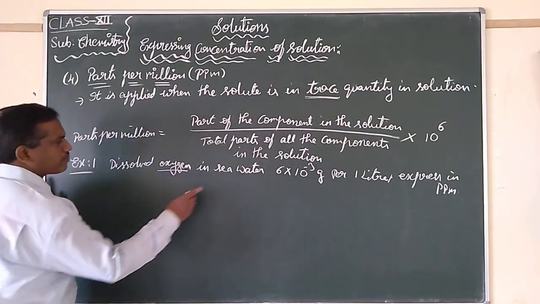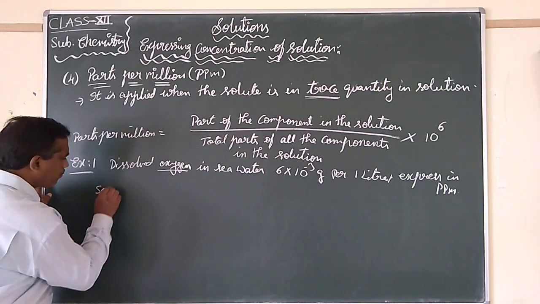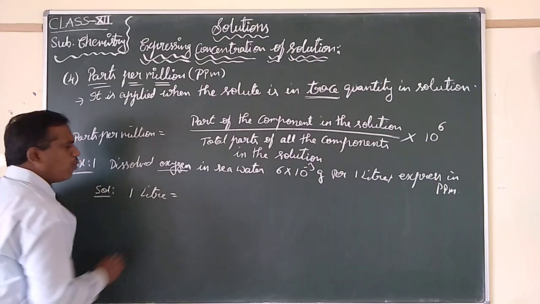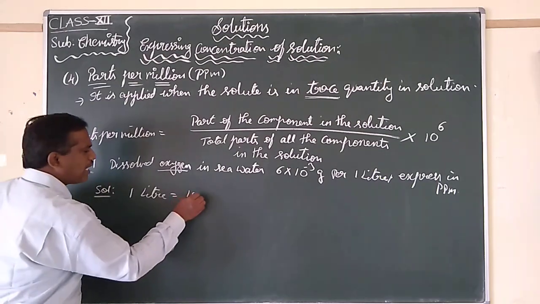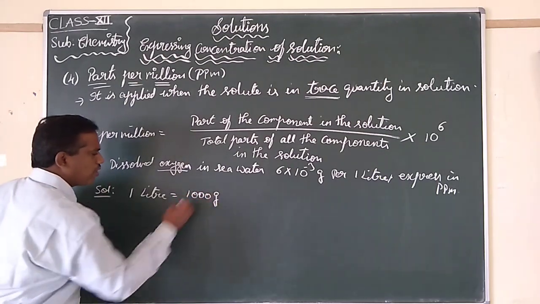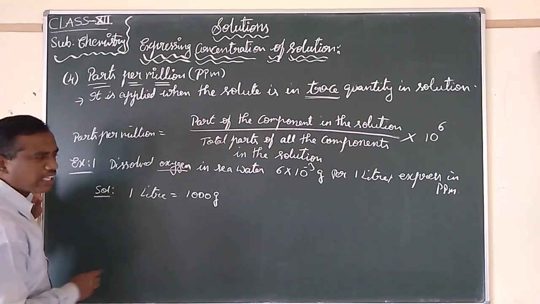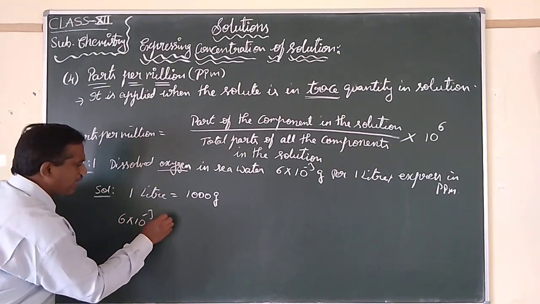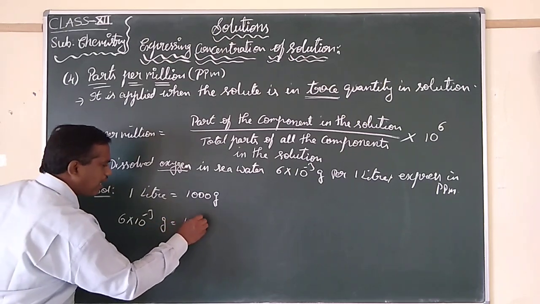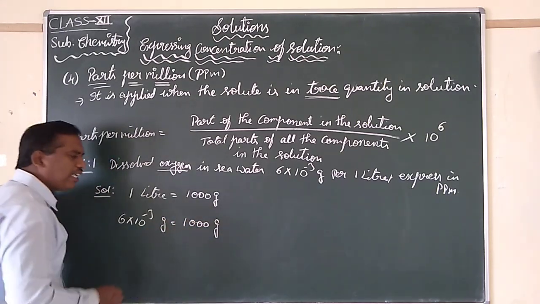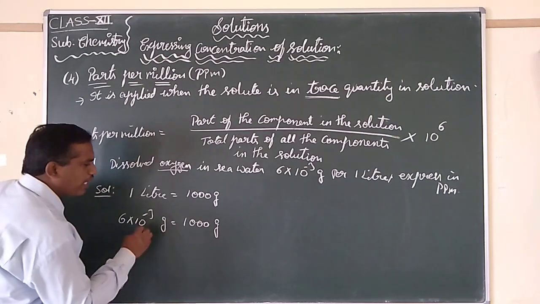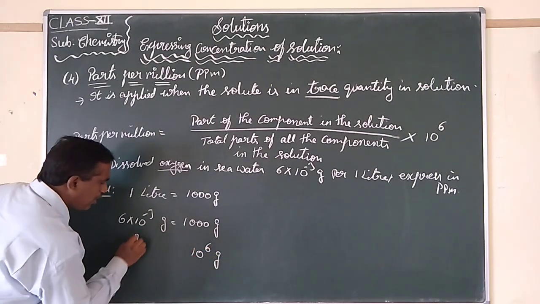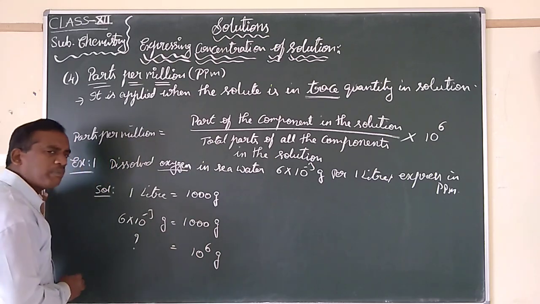So let us see here. We know 1 liter is expressed in grams as 1000 grams. 6 into 10 to the power of minus 3 grams of oxygen is present.